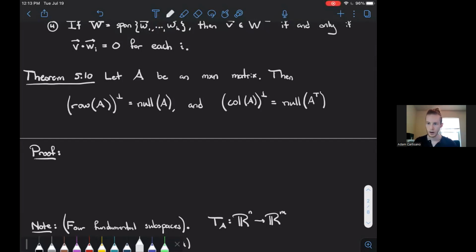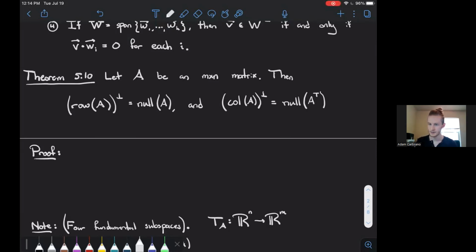Then the orthogonal complement of the row space of A is exactly the null space of A. That's the one we're going to spend the most time proving. But also, the orthogonal complement of the column space of A is just the null space of A transpose.